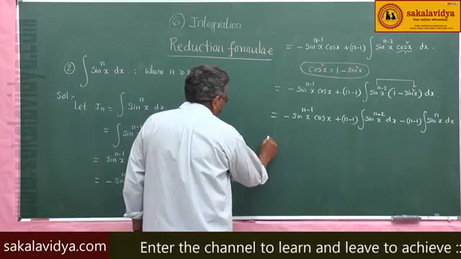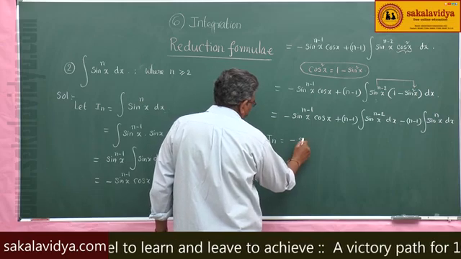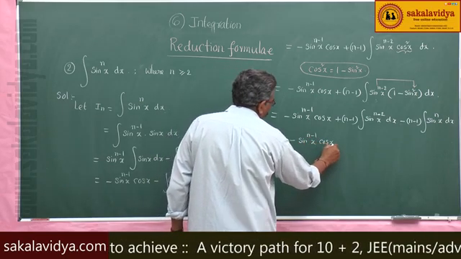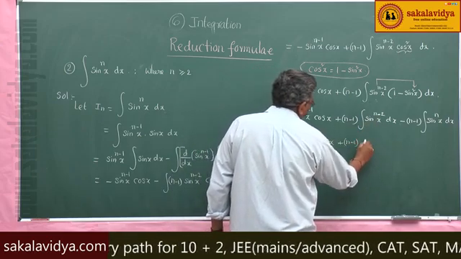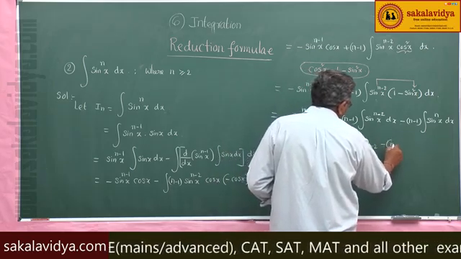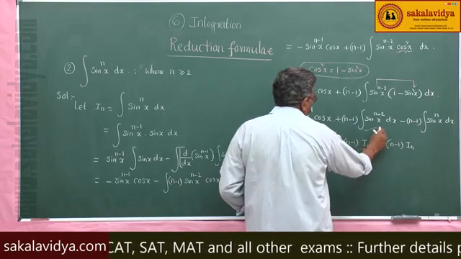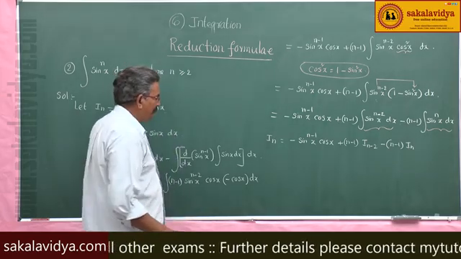So, we get I_n is equal to minus sin x to the power of n minus 1 cos x plus n minus 1 into this can be written I_{n-2}, this is minus of n minus 1 I_n. So, this one and this one can be written I_{n-2} and I_n.